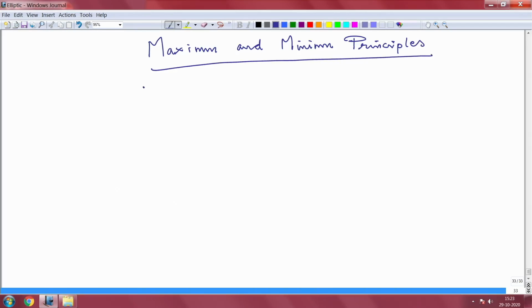This is basically a trademark of second order differential equations, though you may be able to prove some results for higher order. Why do I say that it is a trademark?